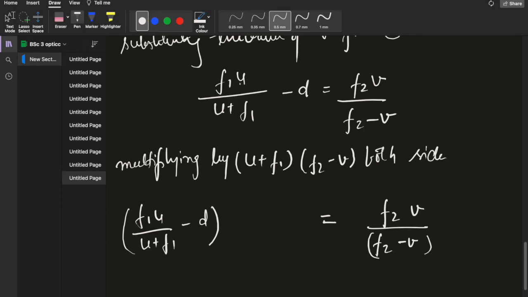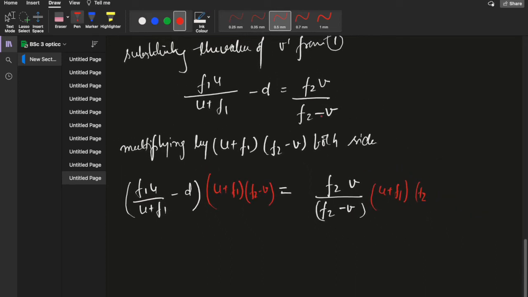Alright, now what do I multiply here by? U plus F1 and F2 minus V. Just write U plus F1, F2 minus V, and multiply individually both.